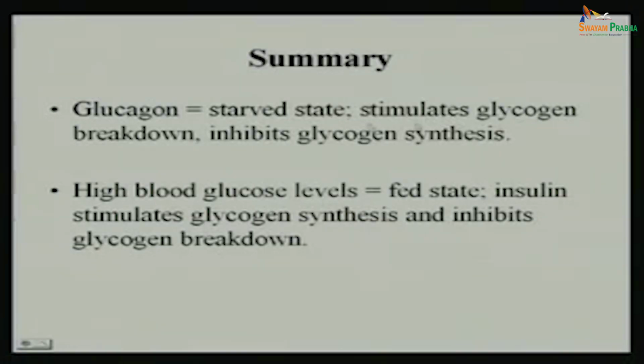It stimulates glycogen breakdown and inhibits glycogen synthesis, and when the body is having very high glucose, in the fed state, the insulin stimulates glycogen synthesis and inhibits glycogen breakdown, so that the concentration of glucose in the cell is controlled.